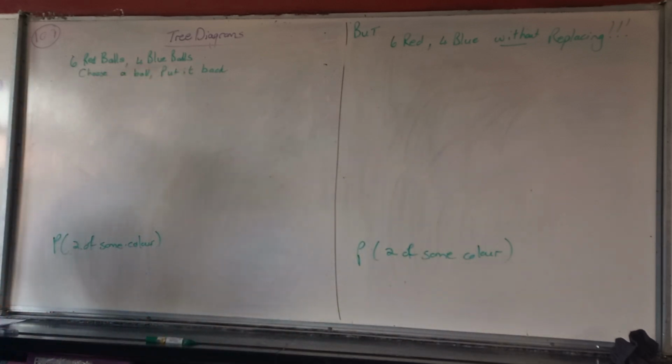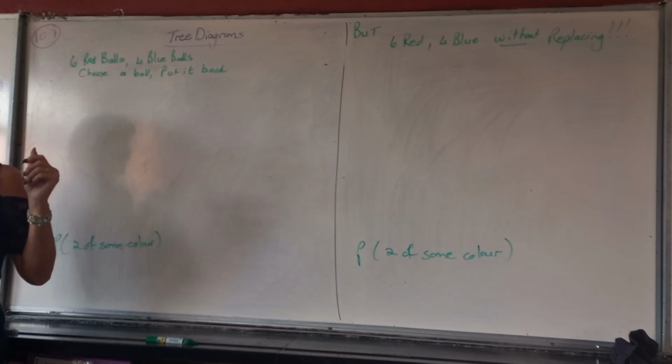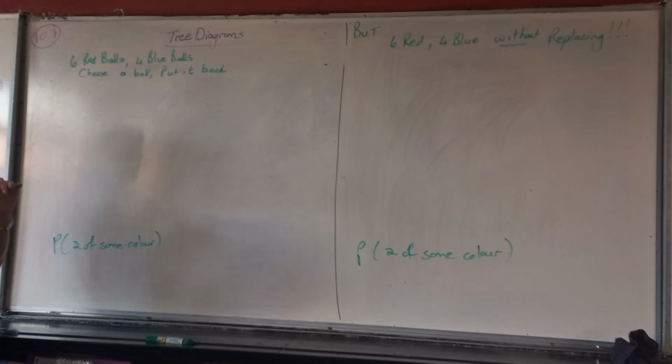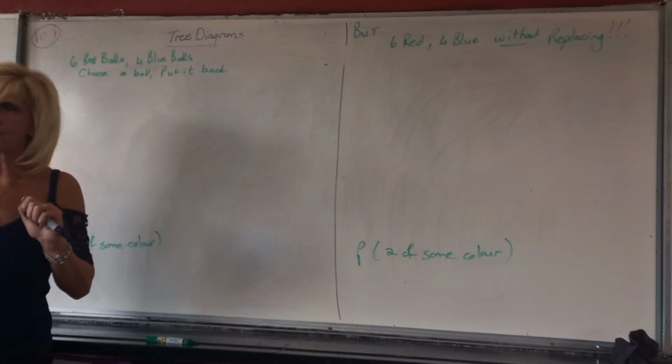Tree diagrams with a scenario like the following. If you have something like a bag of sweeties or a bag with balls in it, okay, I'll go into the details for now. If it is a bag full of balls, there are 6 red ones and 4 blue ones. And I say, put your hand in the bag and draw one, like the lotto.